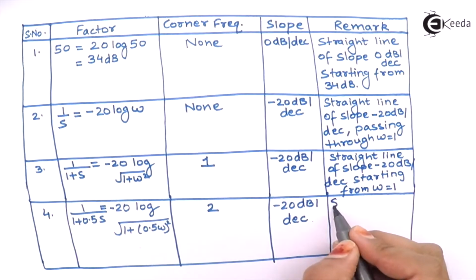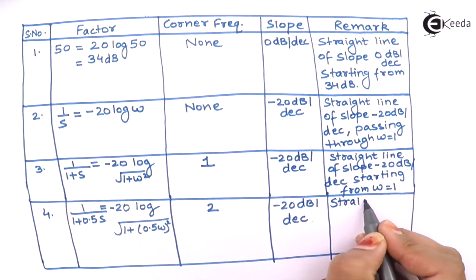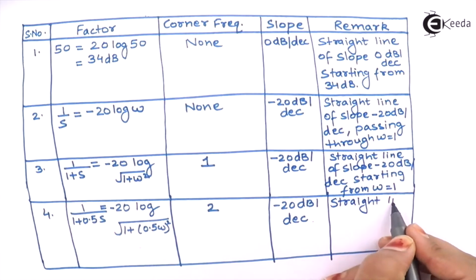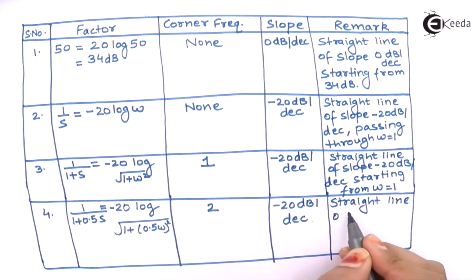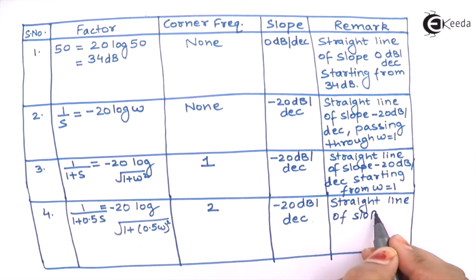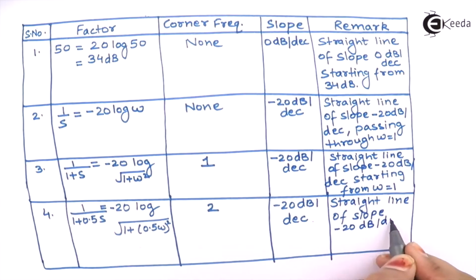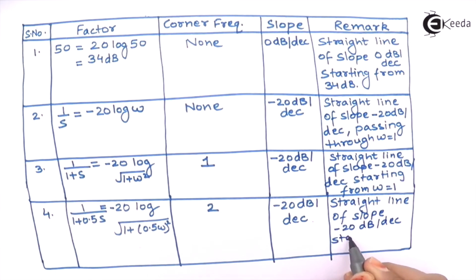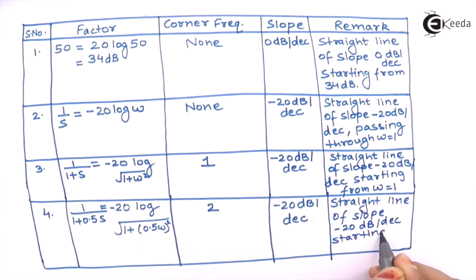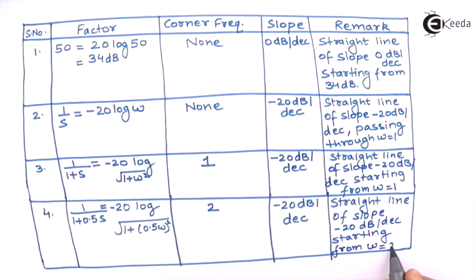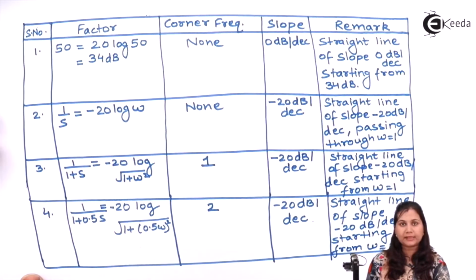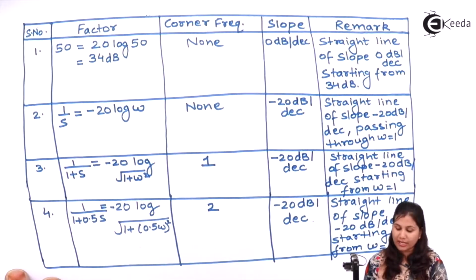So it will be a straight line of slope minus 20 dB per decade starting from omega equals 2.